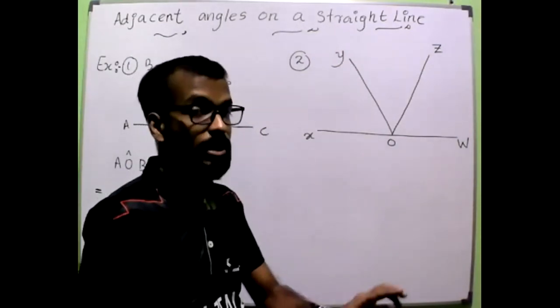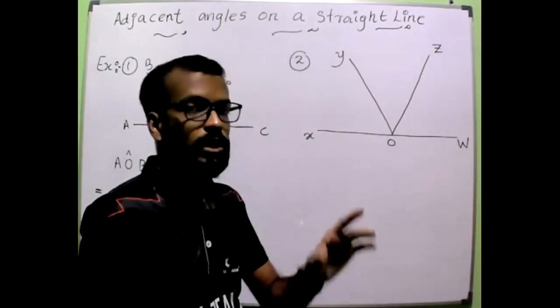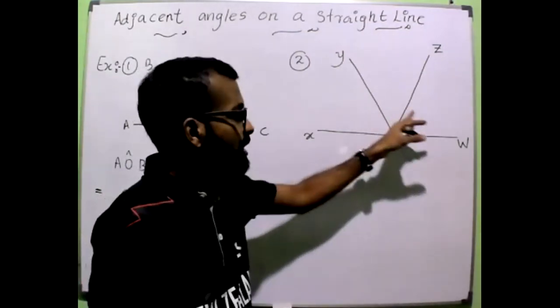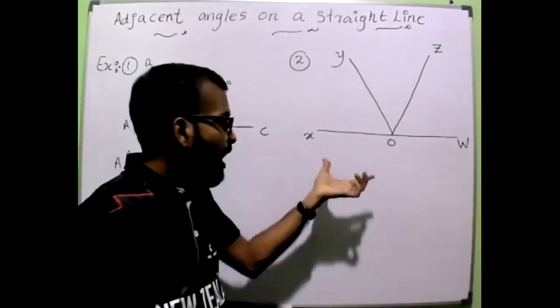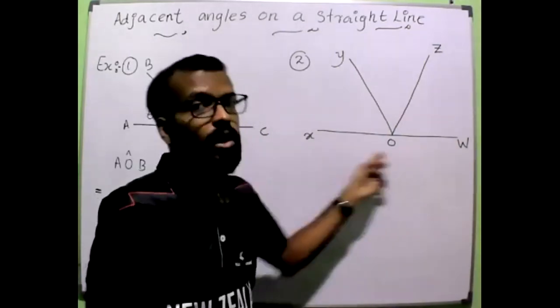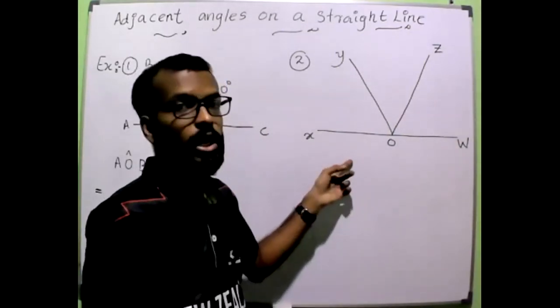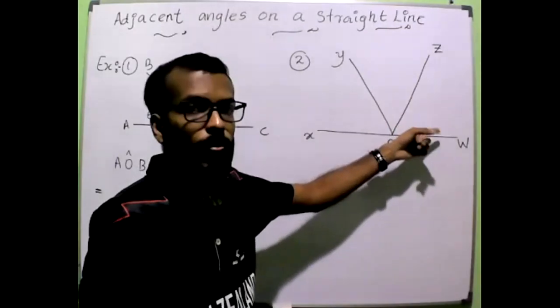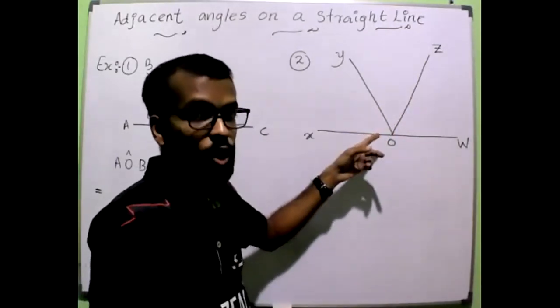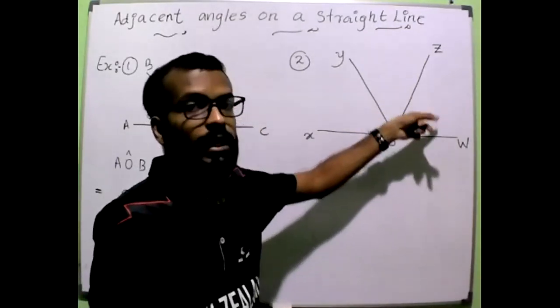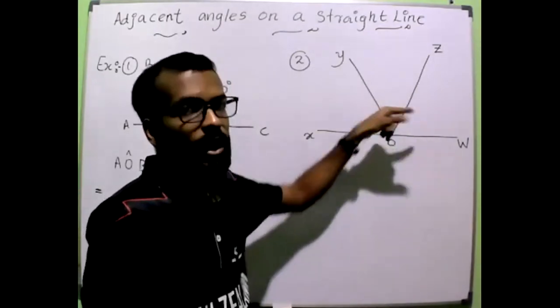That is the thing that I wanted to explain, because these three adjacent angles are on a straight line. That means it should create a 180 degree straight angle.